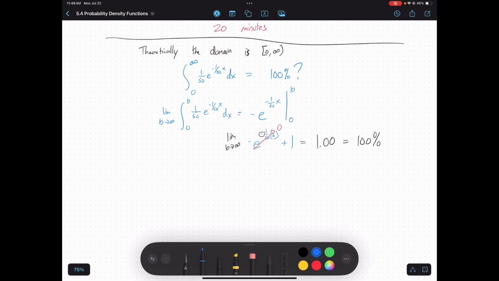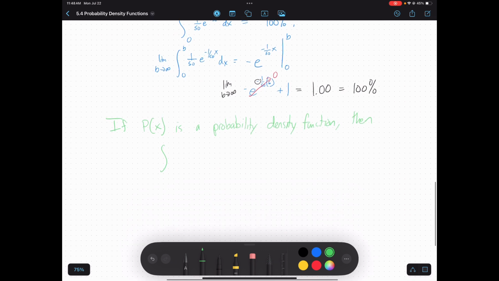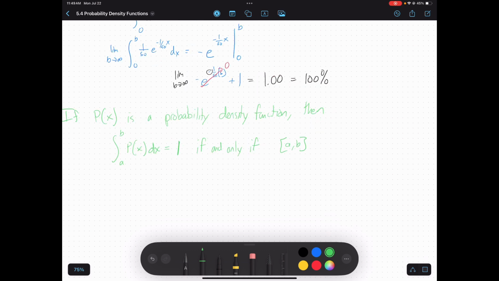So let me make this a little bit more formal here. If p of x is a probability density function, then the integral from a to b of the probability density function is equal to 1 if and only if a to b represents the entire domain.